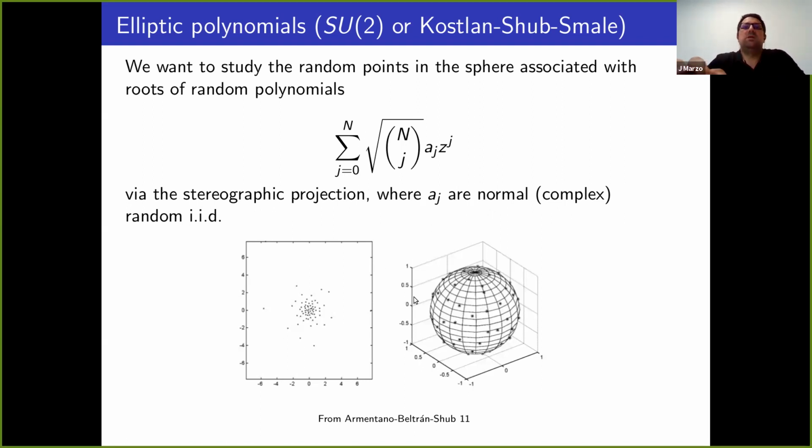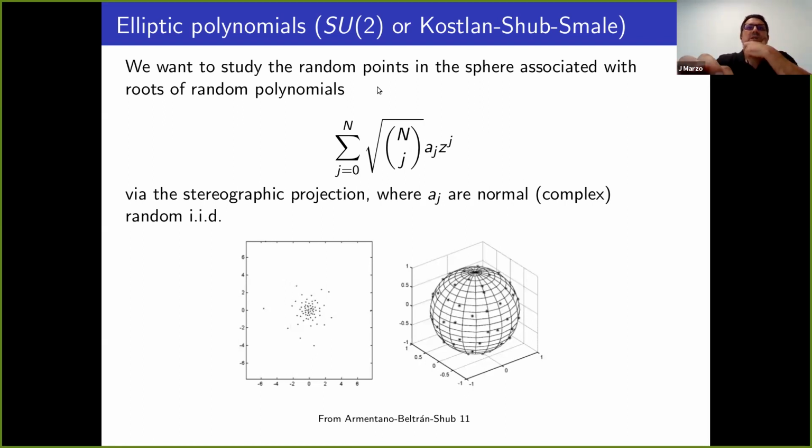So you have this picture I borrowed from this paper by Marzo and Ortega-Cerdà, and here you have the picture of this set of zeros, if you want, in the plane. But then when you move these to the sphere by the stereographic projection, you have very nice points on the sphere. So these are these projections.